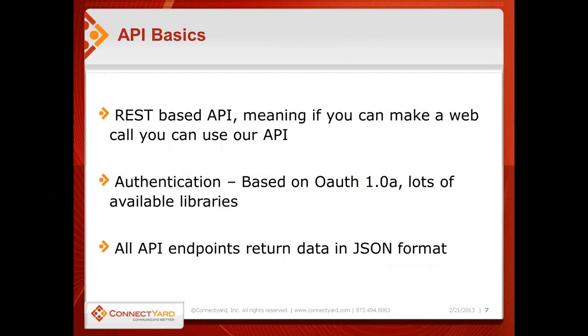So some of the basics with the API here, it's a REST-based API. Basically, it's an HTTP API, meaning if you can make a web call in your application, you can basically use our API. So being that it's REST, it hinges on the basic HTTP methods. You have get, post, delete. Those are the ones that ConnectYard actually uses, and the endpoints can be used for multiple purposes.